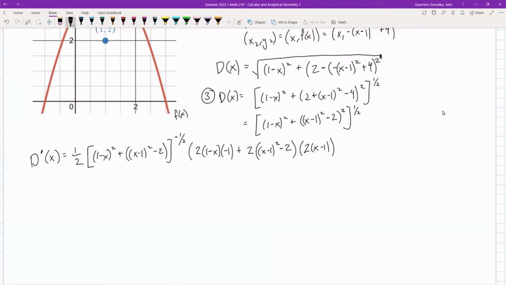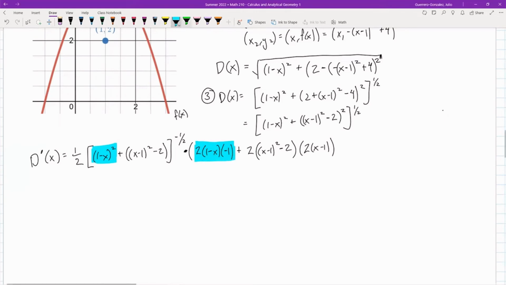Let me explain what happened here. This portion right here is the very beginning portion of the chain rule. It's the derivative of the outside leaving the inside by itself. And then it's supposed to be times the derivative of the inside, the derivative of this stuff in here. So let's break that down. The derivative of this, you drop down the 2, times the thing by itself, times the derivative of the inside. So that derivative is this.